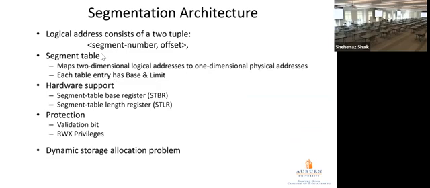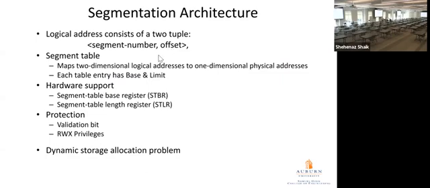Okay, as I said, the logical address of a particular location consists of two parts. One of them is the segment number in which the logical address is located, and the relative address within that particular segment which we are interested in. Okay, so that is referred to as the offset.